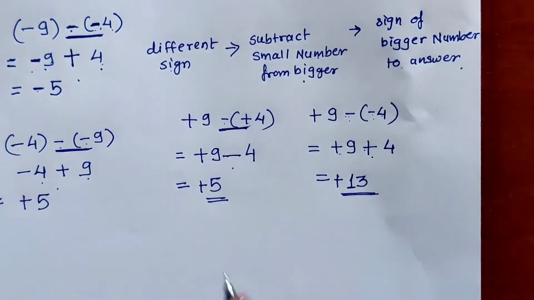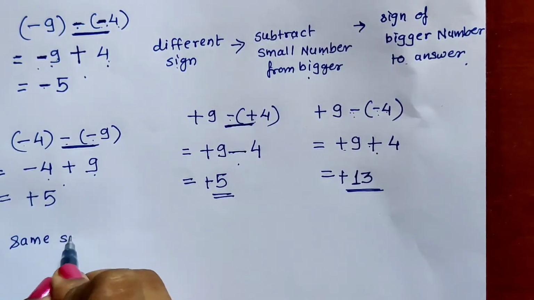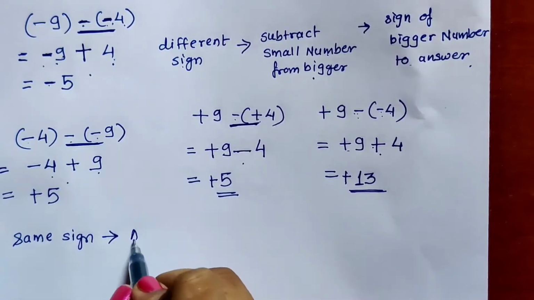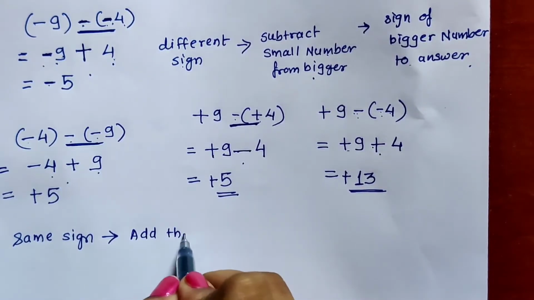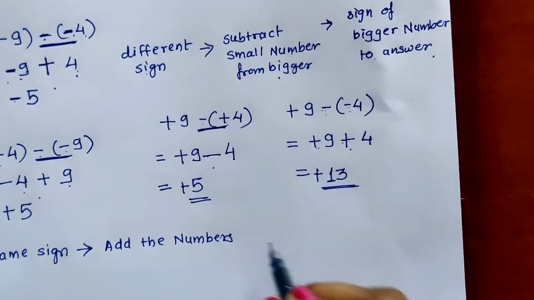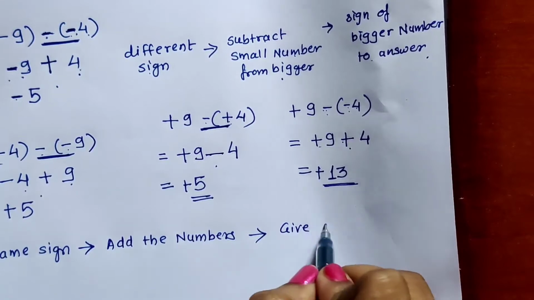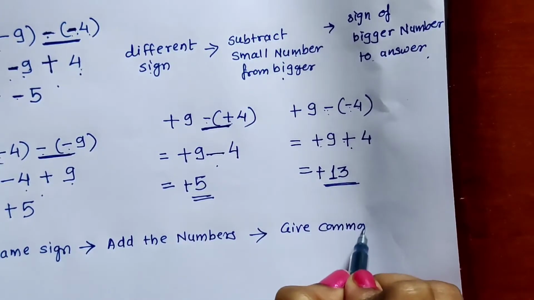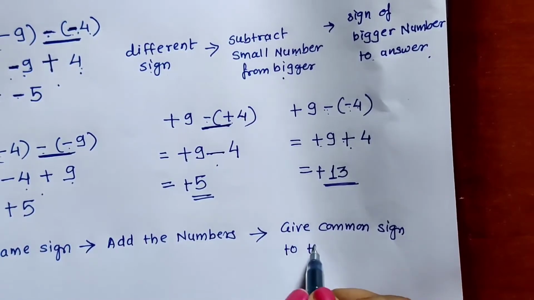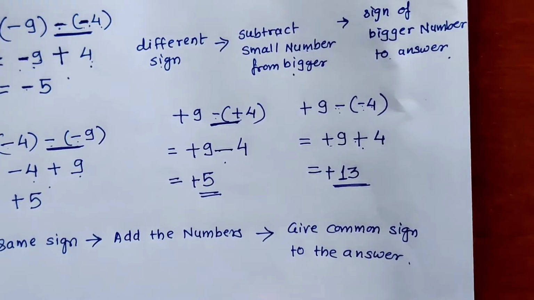So when same sign, what do we do? Add the numbers and give the common sign to the answer. In this way we solve the sums, correct?